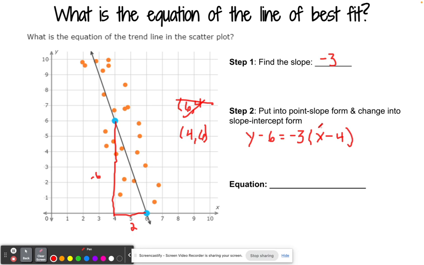I'll use my distributive property, or feed the birds as we like to say. Negative 3 times x is negative 3x. Negative 3 times negative 4 is positive 12. And I still have y minus 6 on this side of my equal sign.